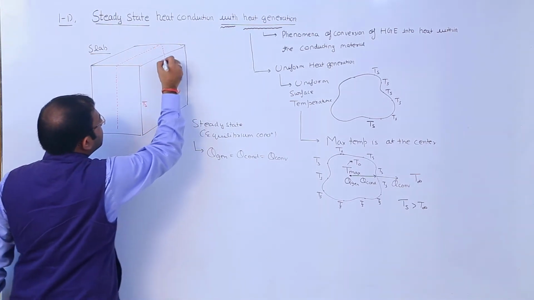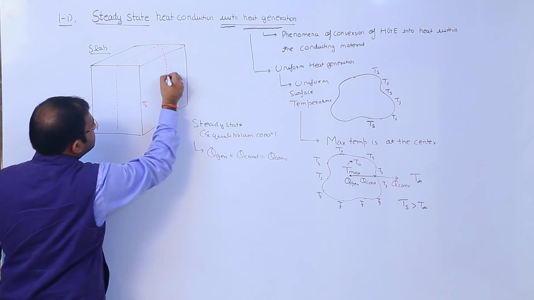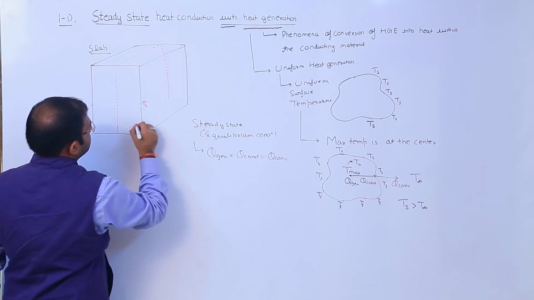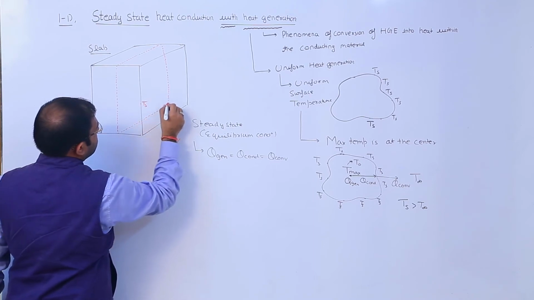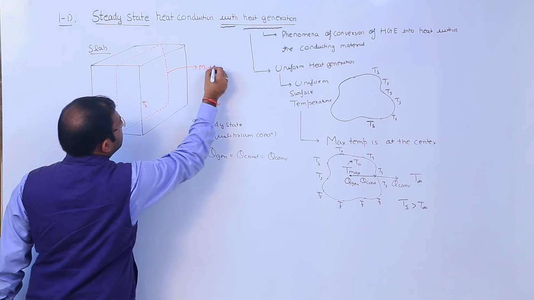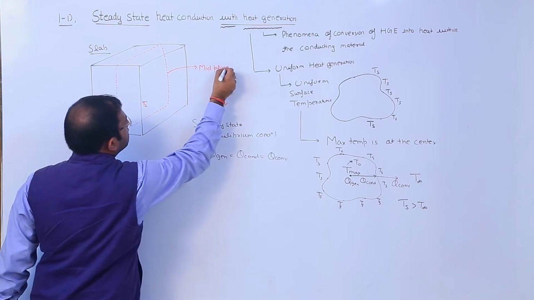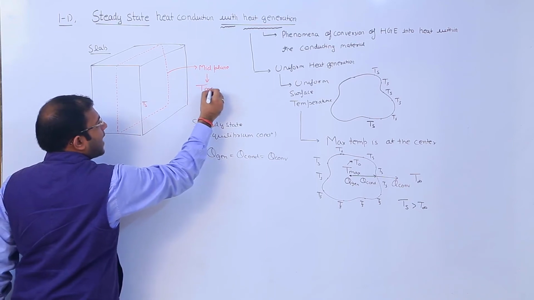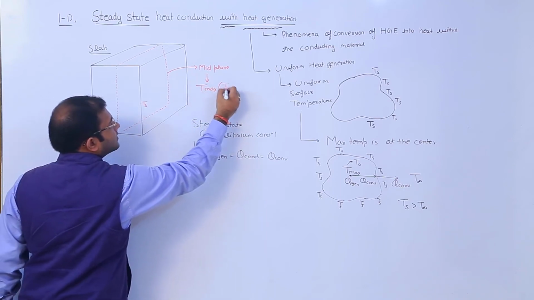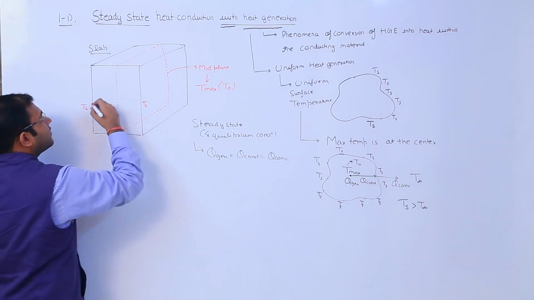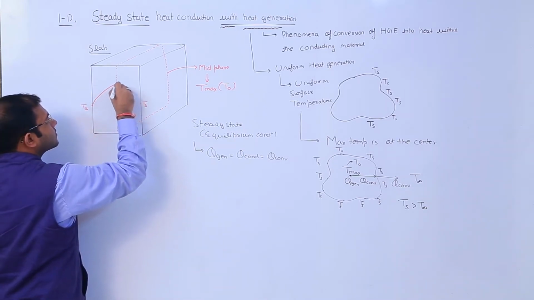See, this represents your mid plane. So here at mid plane the temperature is maximum, represented by T naught. Fine. So here the variation is something like this.